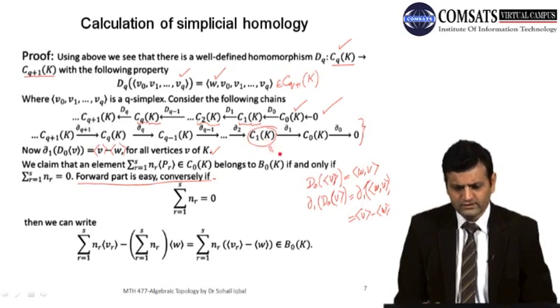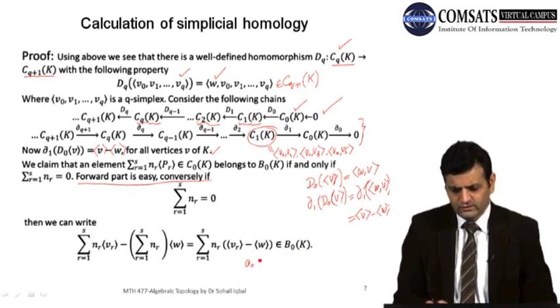Let's just say that they are 1 simplices. So for example, take an element v naught v1, take another element v2 v3, take another element v4 v5, and so on. So consider this combination now.